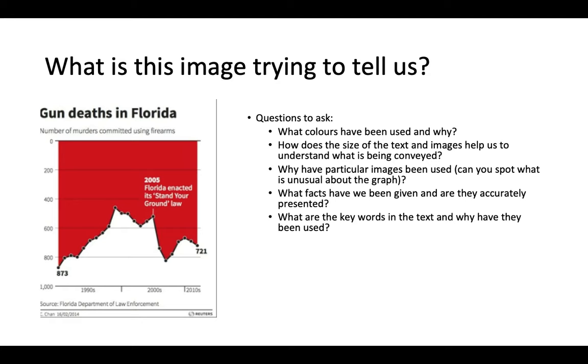Just so you know, the Stand Your Ground law is a law that's been enacted in a few states in America. Just to give you a bit of context for this particular one, if you choose to do this one. In America, if someone invades your house, your private dwelling, you're allowed to use lethal force. You're allowed to basically shoot that person because they're invading your property and putting you and potentially your family at risk. The Stand Your Ground law carries the same logic through, but it applies to anyone in the street.